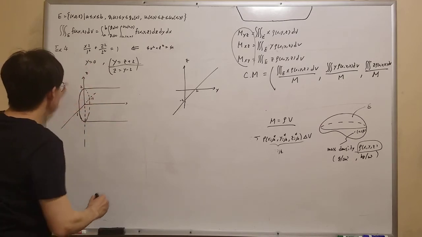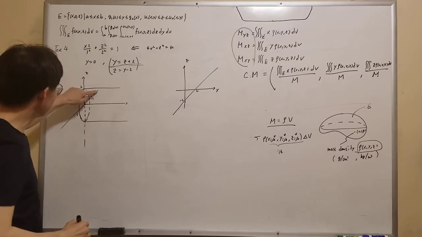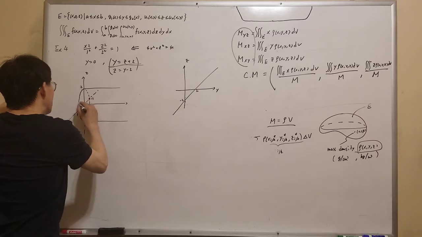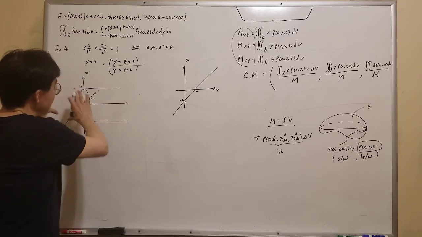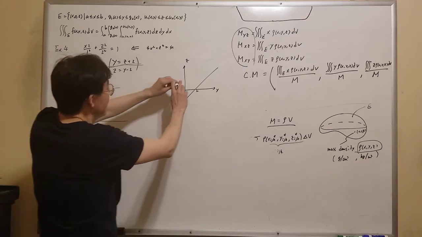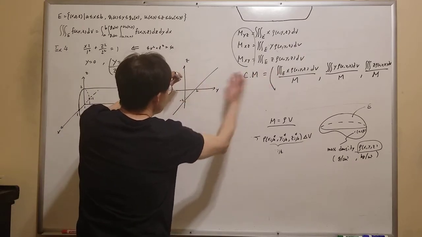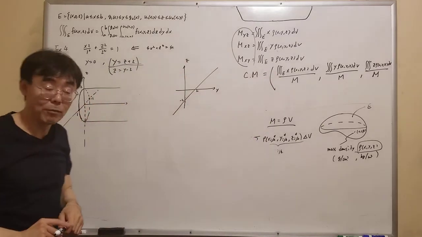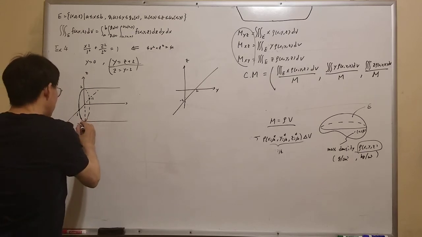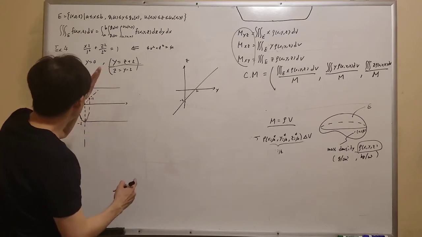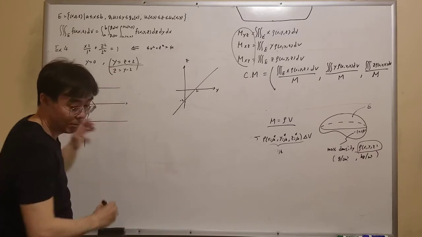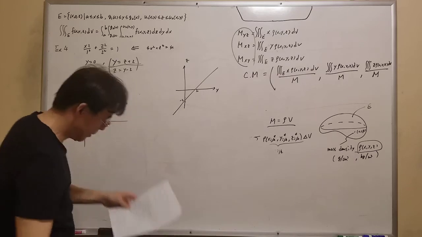This is negative 1. This is the negative x-axis going that direction. Okay? This is negative 1 and 1. So it is an elliptic cylinder along the direction of y. And then you're cutting it with this plane, going this way, perpendicular to the yz plane, right? So it'll be going like this.